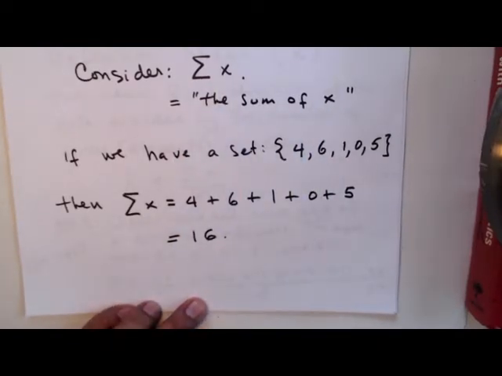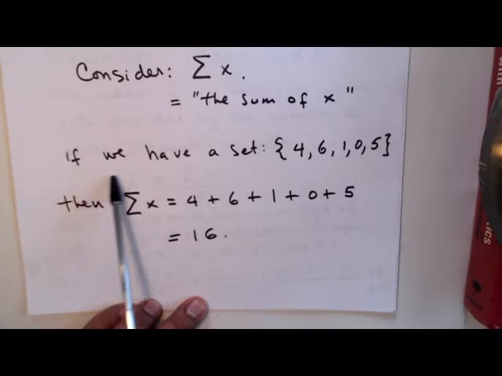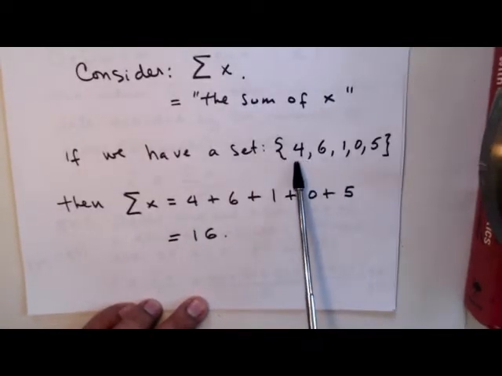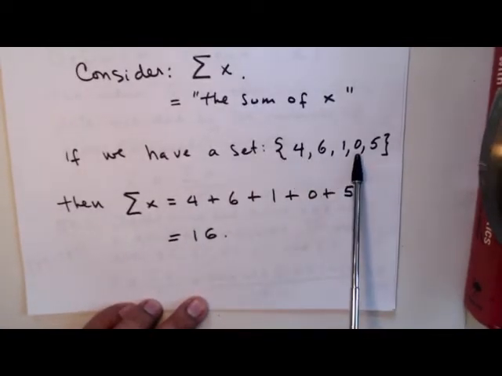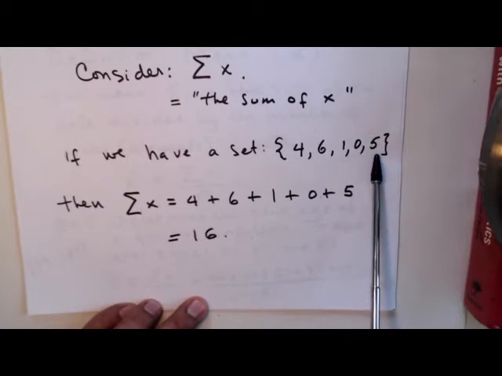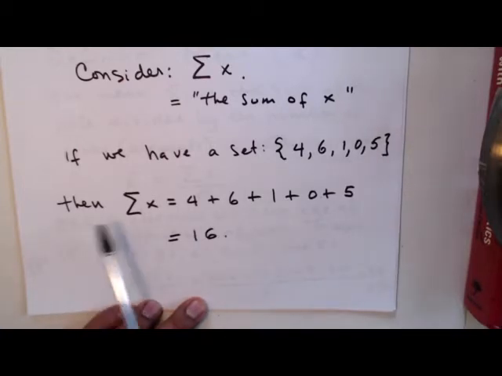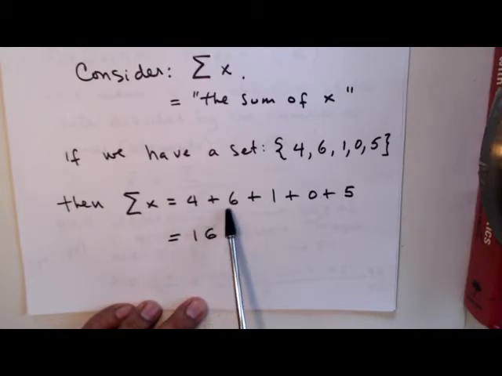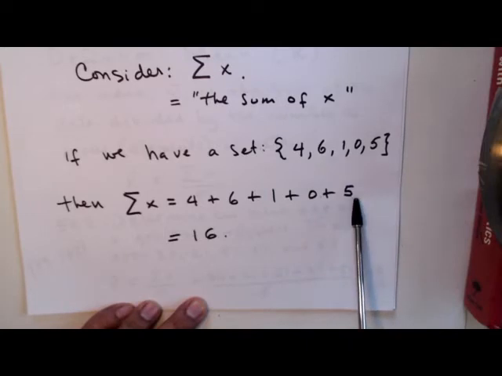So we have an example here. If we have a set that is equal to 4, 6, 1, 0, and 5, then the summation of x is going to be equal to 4 plus 6 plus 1 plus 0 plus 5. And note that we include the 0.